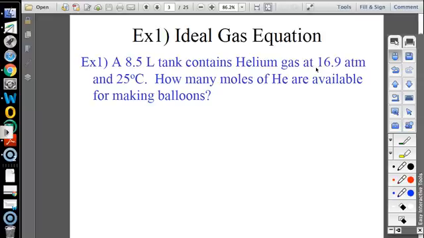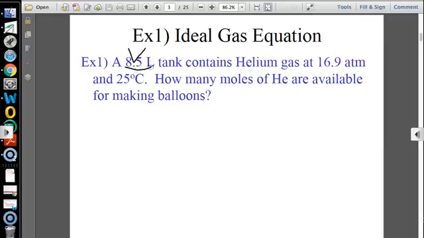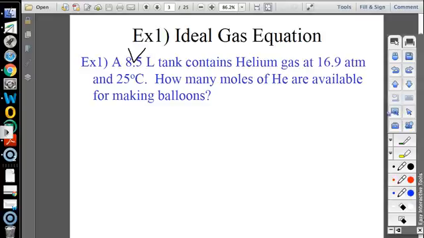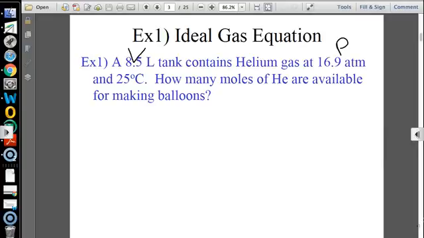An 8.5-liter tank, and so I'm looking at this, and that's my volume. So I'm going to go ahead and just label the stuff. Maybe I don't circle it because y'all are used to circling the things that are the answer. So there's my volume, 8.5-liter tank, contains helium gas at 16.9 atm, so that's pressure. Okay, so I'm sort of filling in, in my mind, what I'm going to put in this formula here.